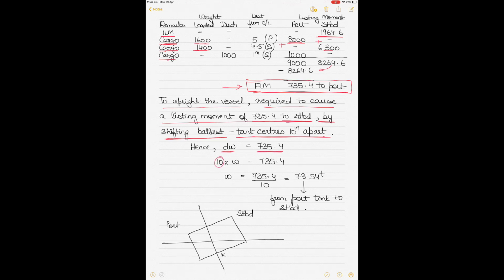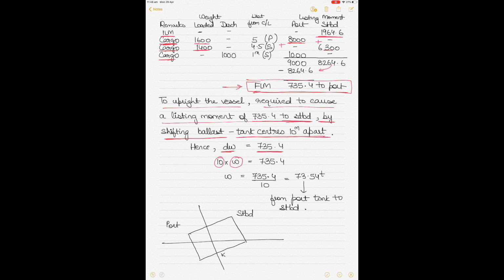You have a distance of 10 meters to move this weight, but the weight is unknown. To correct 735.4 of listing moment, you need an opposing listing moment of 735.4 onto the starboard side. So you need to shift the ballast water from port to starboard, or load it on the starboard side, on the opposite side, to correct the list.